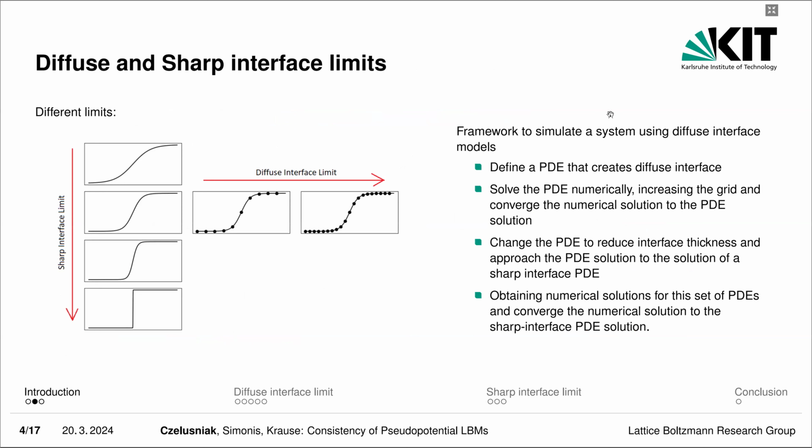So my interface is limited by my resolution. So it's natural that I will just be able to decrease the interface when I increase the grid resolution. But the question is where I go when I do this type of change, when I try to decrease.